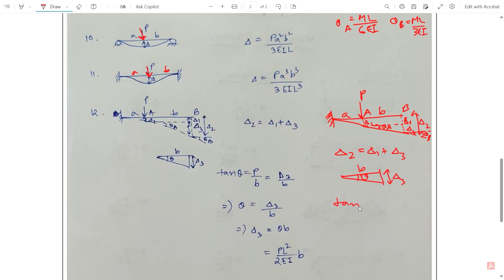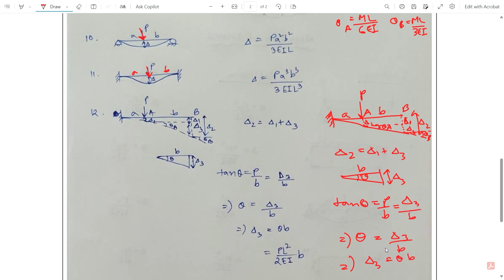If we calculate tan theta, tan theta is equal to perpendicular by base, which is del 3 by B. Theta is very small, so tan theta is equal to theta, so theta equals del 3 by B. Here del 3 is equal to theta into B.